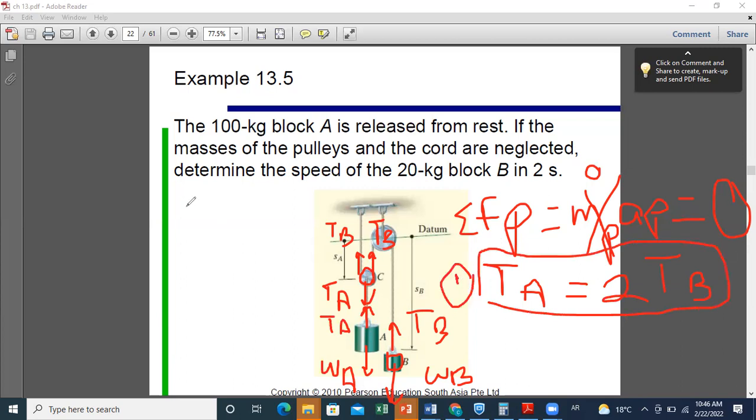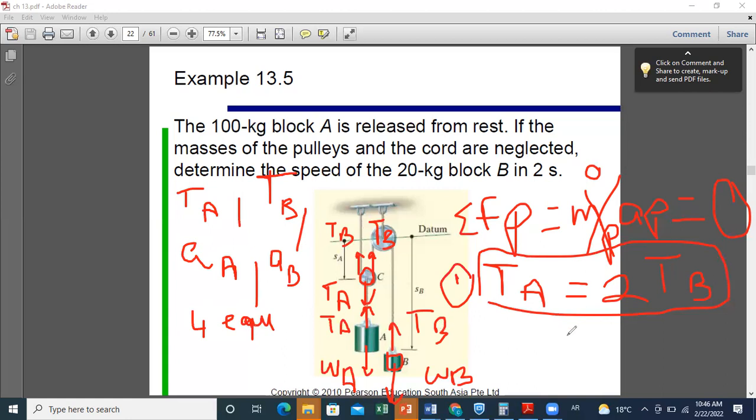My unknowns are TA, TB, acceleration of A, and acceleration of B. Okay, until now I found one equation. Since I have 4 unknowns, how many equations I need? 4. Can you tell me what will be the remaining 3 equations, do you think?